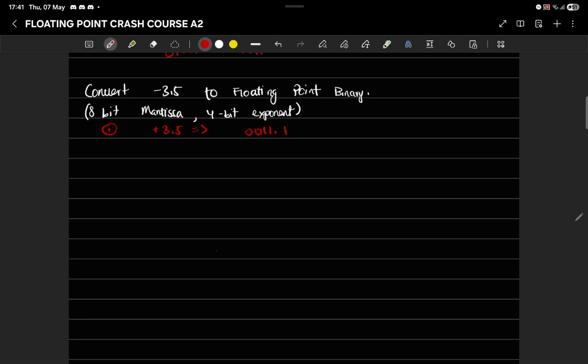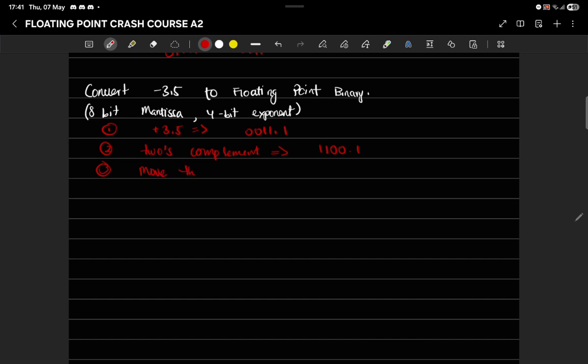Now we write this in 2's complement since it's a negative number. So this becomes 1100.1 in 2's complement. Now this is a negative number, keep that in mind.